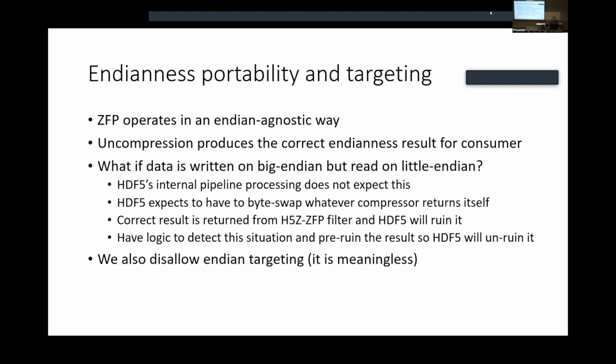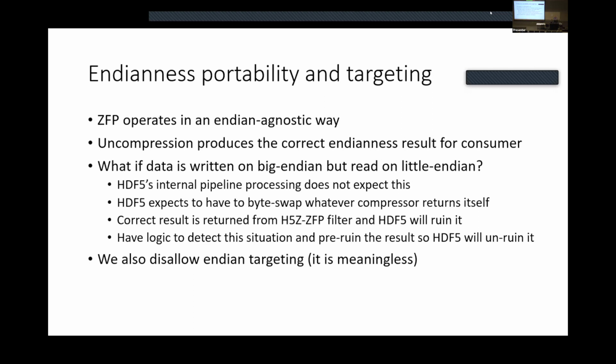But the problem is HDF5 is not expecting that to happen. It's expecting what's produced on the reader to be what was originally produced by the writer at that point. So if you're on a different endian machine, you've now created the correct endian, but you've now got to byte swap that so that when HDF5 sees it, it's byte swapped back into the correct order.